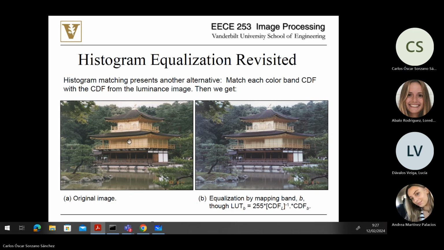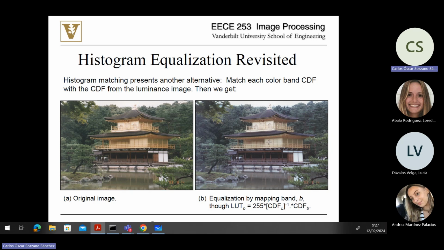And now we can do histogram matching. So histogram matching is, okay, I want the CDF of the bands to be similar to the CDF of the luminance. You recognize this structure that we have. So take the CDF of the bands and try to match them to the CDF of the luminance.